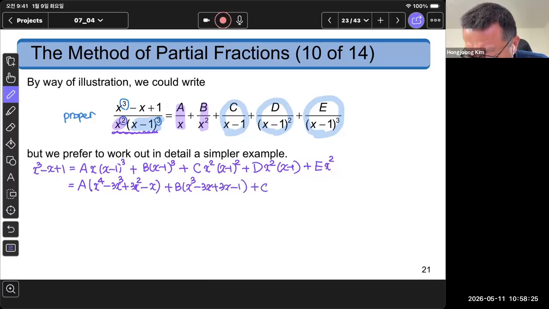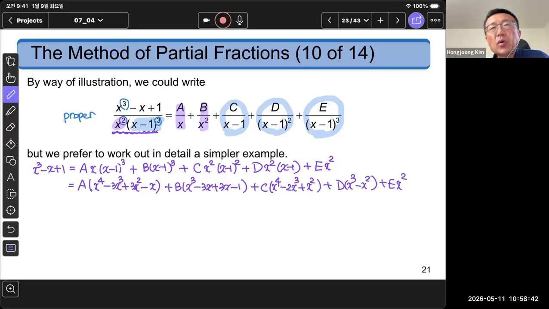Then c times x to the fourth minus 2x cubed plus x squared, plus d times x cubed minus x squared, plus ex squared is obtained.